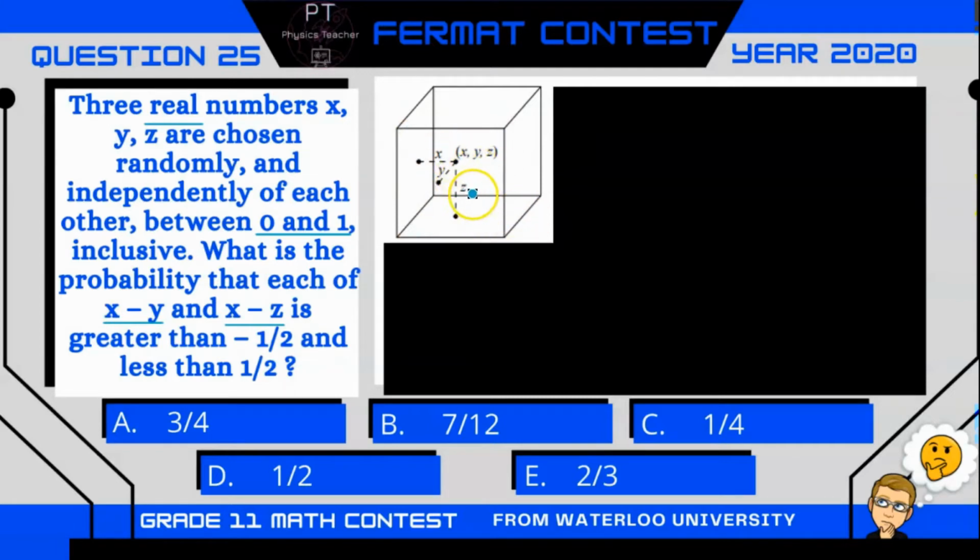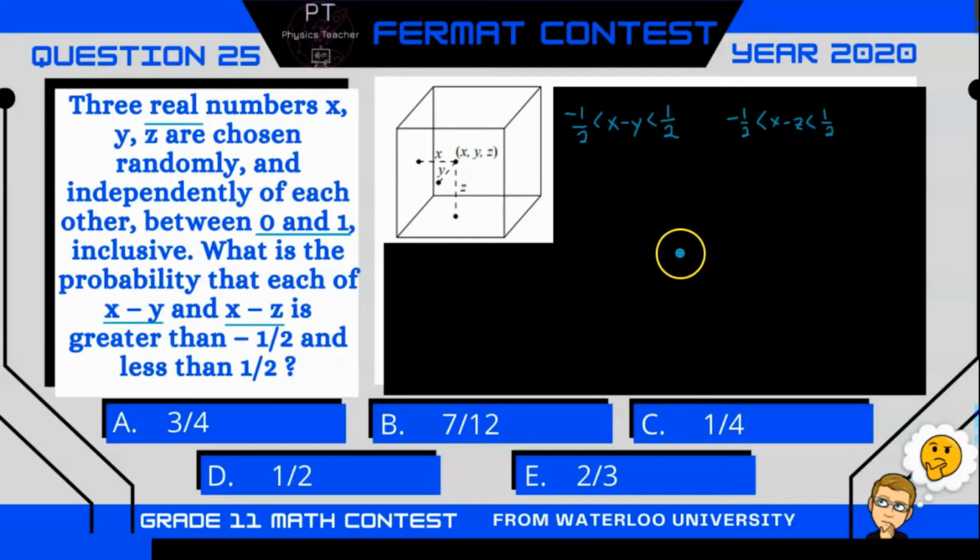That would mean that if we were to choose a point inside of that cube, whose coordinates would be x, y, and z, and then we look at the conditions that are given in the question, where minus 1/2 must be less than x minus y, which is also less than positive a half, and minus 1/2 must be less than x minus z, which is less than positive a half, will show us which part of those cubes is actually inside of these restrictions.